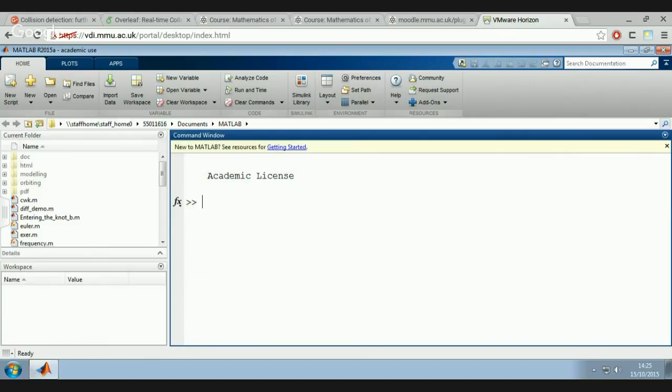Q probably isn't something that's going to define it. It's a bit unspecified. Q appears in this initial equation.